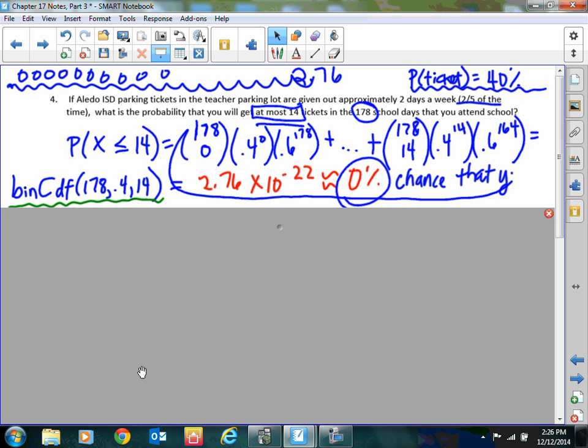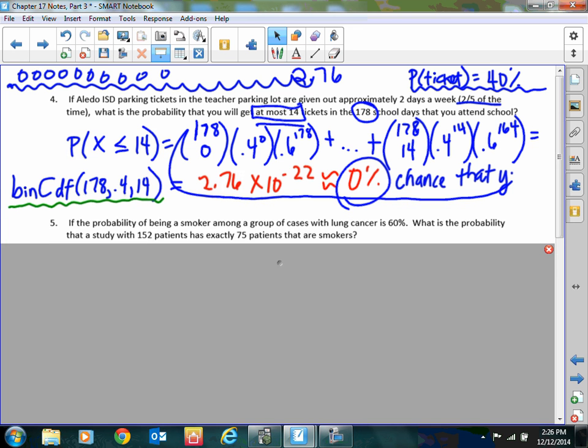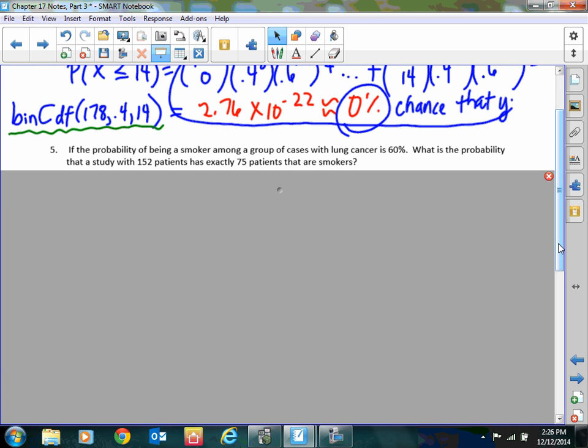All right, now I want to go ahead and talk to you about 5 and then have you do 5 through 8. Make sure you've got all the work down. So here we go. What we have here is a study that's being done with 152 patients that have lung cancer.